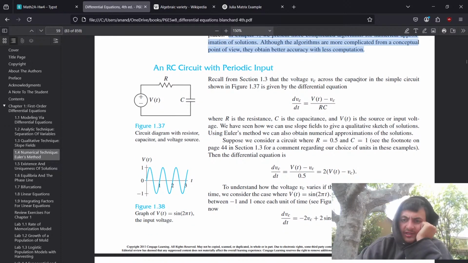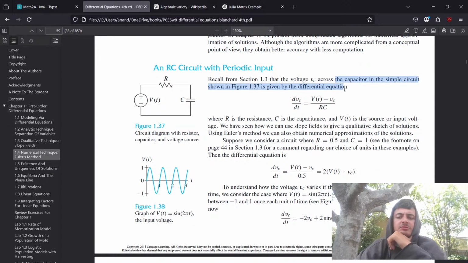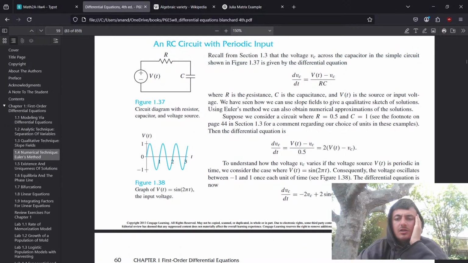Recall from 1.3 that the voltage VC across the capacitor in the simple circuit is shown by this differential equation.